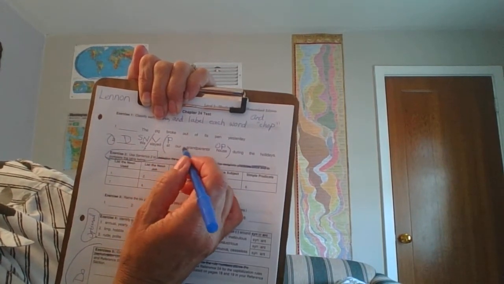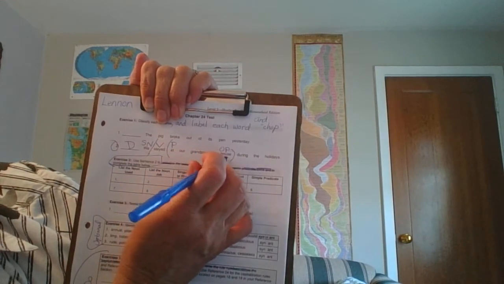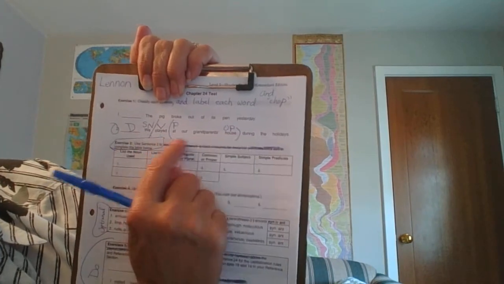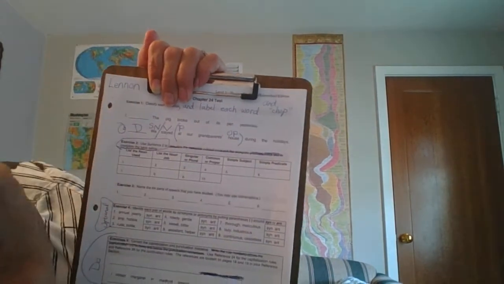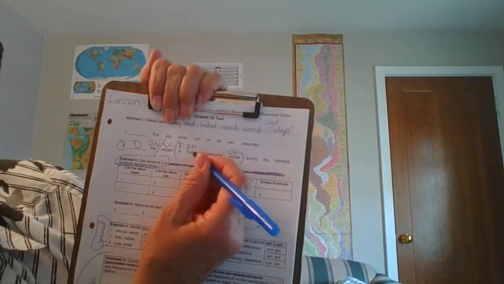At, we could even eliminate that, some of the others sometimes. At our grandparents' house. So now we have our prepositional phrase in parentheses. All we have to do is, well, we already figured that out, didn't we? Our is a possessive pronoun.